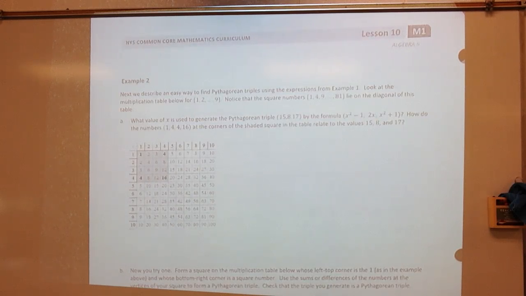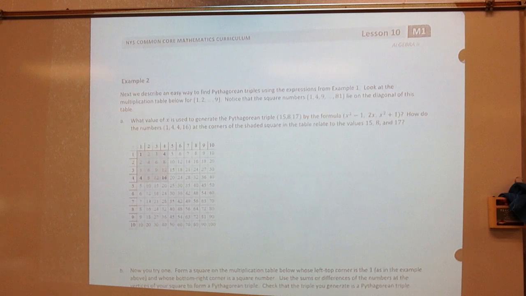What value of x is used to generate the Pythagorean triple 15, 8, 17 by the formula x squared minus 1, 2x, x squared plus 1? How do the numbers 1, 4, 4, 16 at the corners of the shaded square in the table relate to the values 15, 8, and 17?